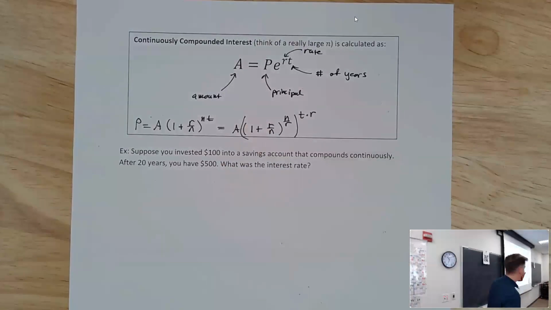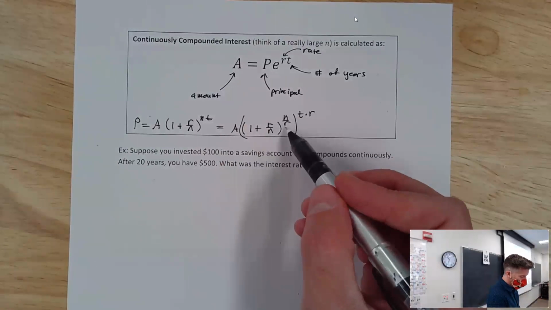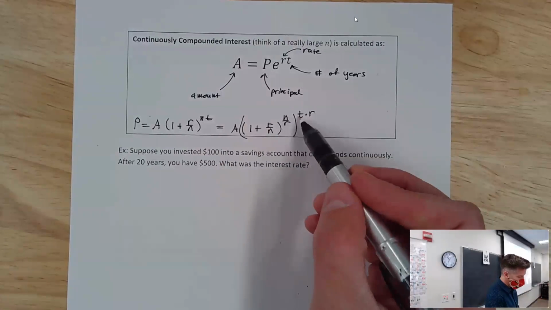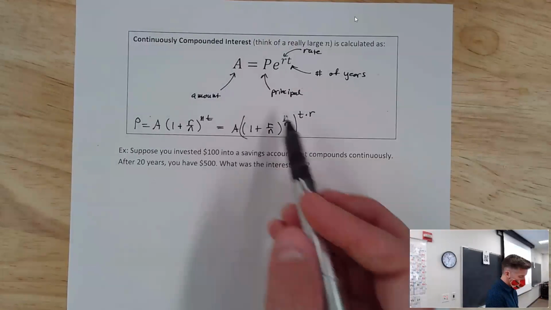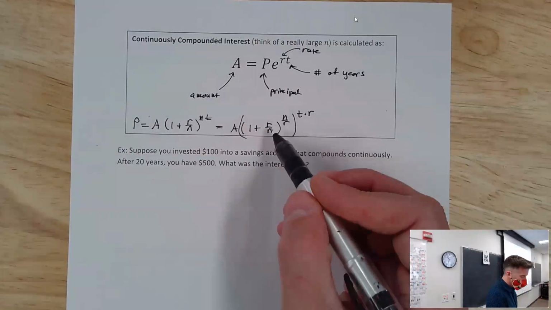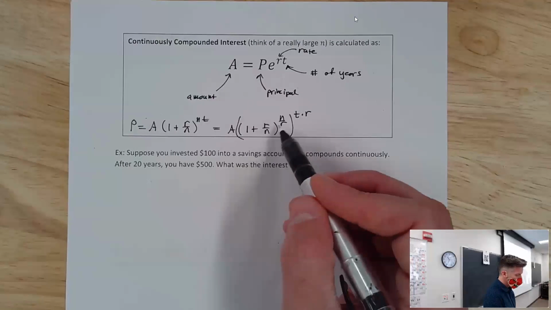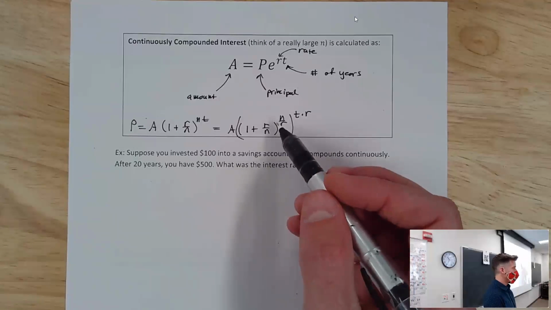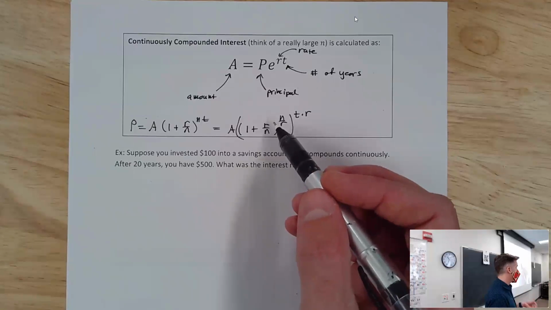I didn't change anything, I just made it look different. The r's would cancel and you would get the nt power like we had here. The reason I'm writing it like this is because this part, 1 plus r over n to the n over r, is the thing that's going to get closer and closer to the number e if n gets very, very large.